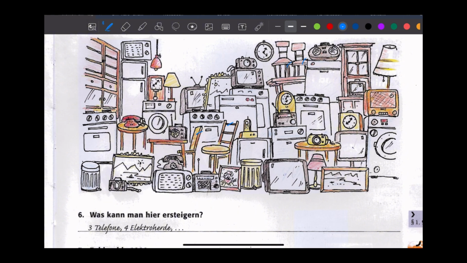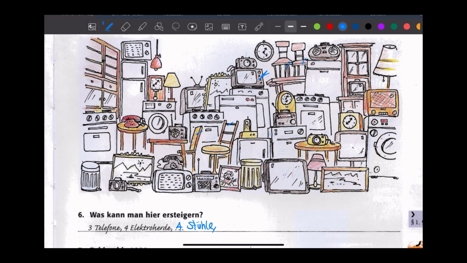Maybe there are others I can find. So we say vier stoelen. Was nog? What can we find? Is this a microwave? Eins. Just one. So just one microwave, I guess.